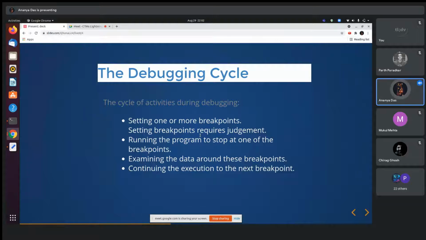If we set too many breakpoints, then the program will stop more often than it needs to, and if we set too few breakpoints, then we might miss the bug. After we set the breakpoints, we run the program to stop at one of the breakpoints, and we examine the data around it and see if we can find the bug there. If the bug's found, then it's well and good, and if not, we just continue the execution to the next breakpoint, and this cycle continues.